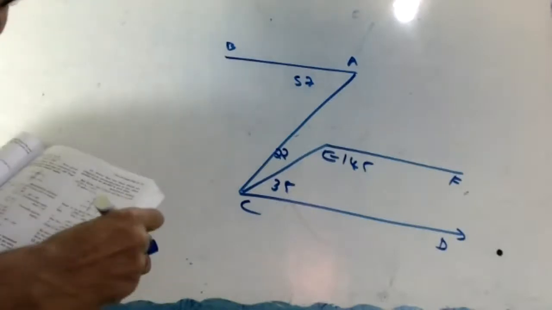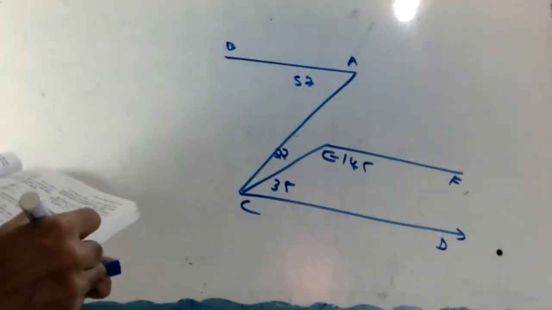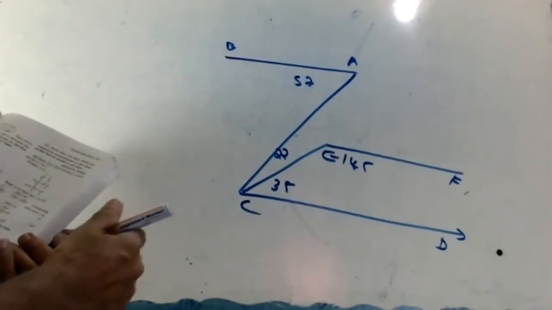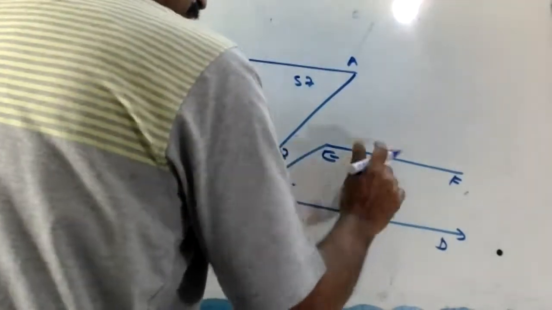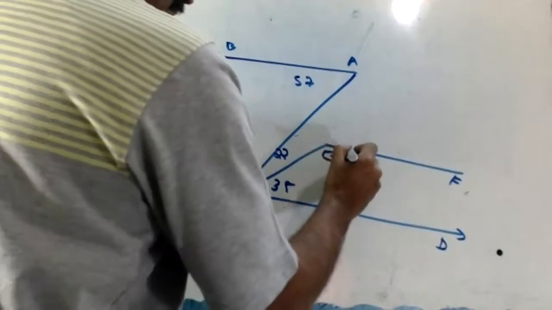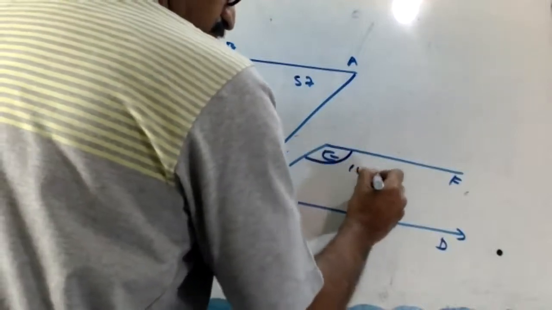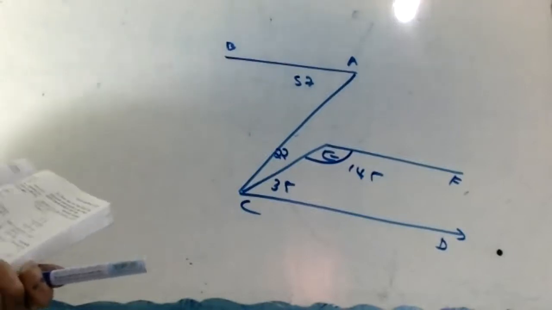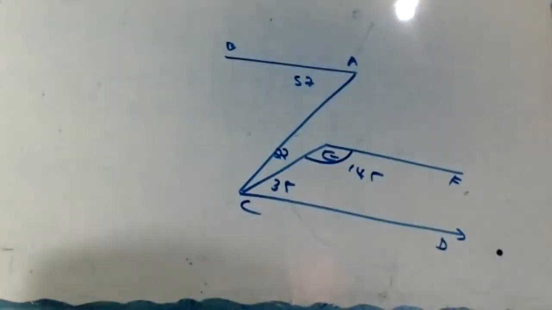The question is given in the figure. This is 145. Prove that AB is parallel to EF.